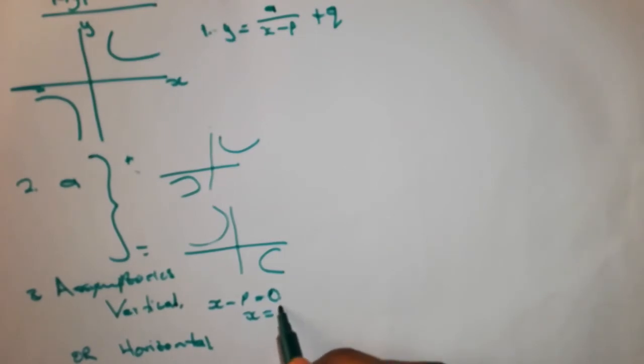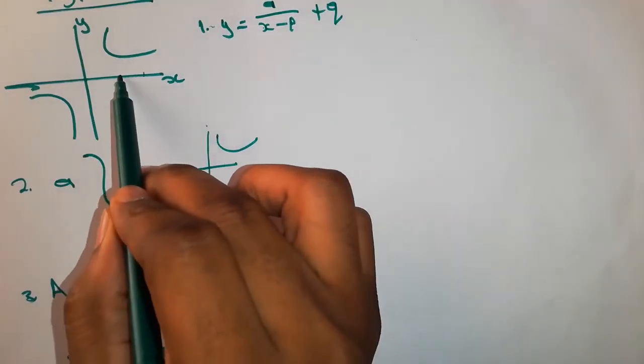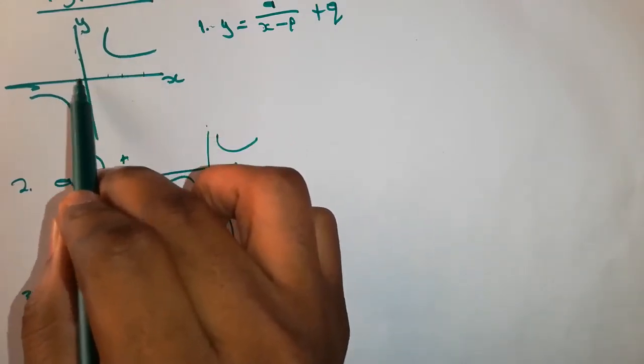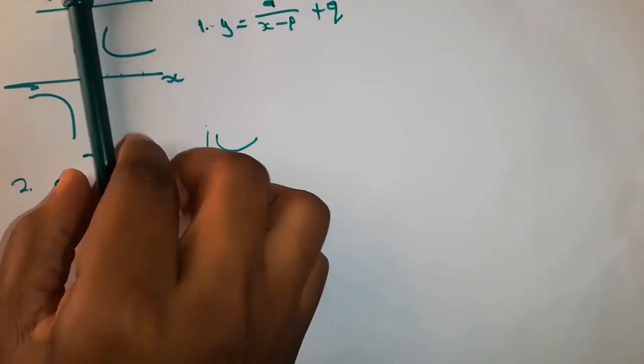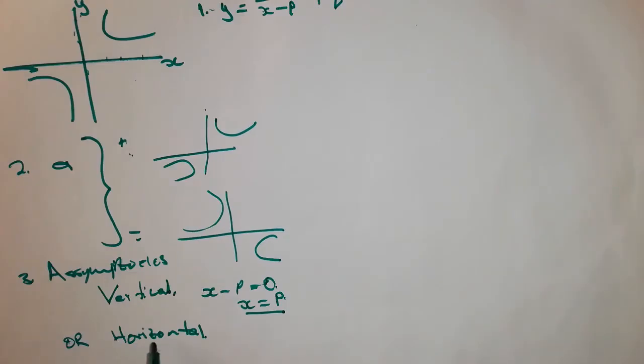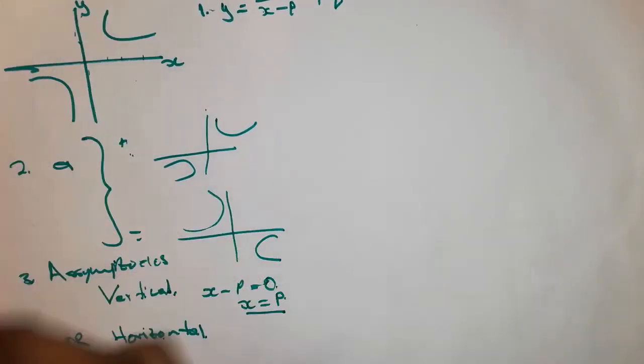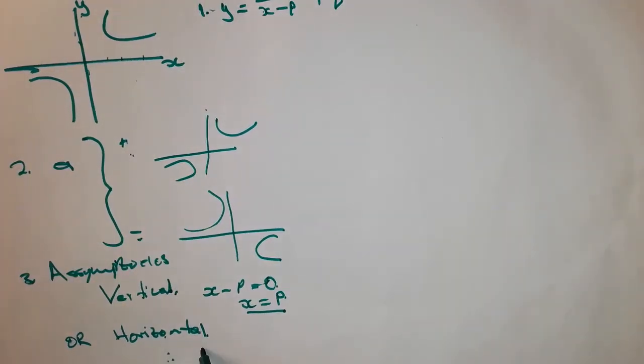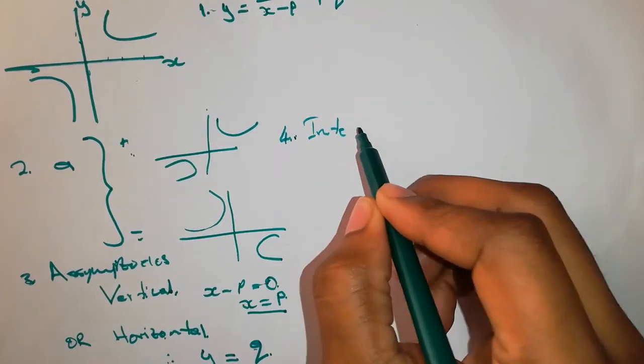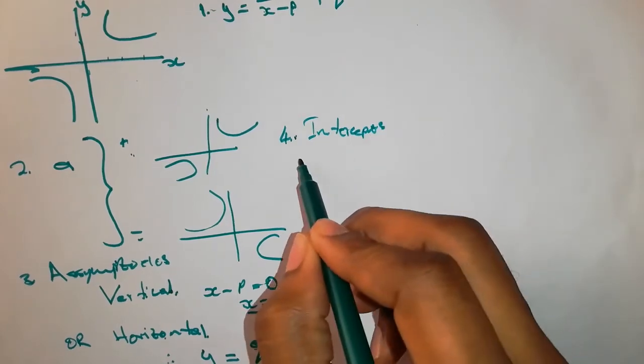The x value, which is p, will define your vertical line, which is the vertical asymptote. And the horizontal line is defined by y is equal to q.